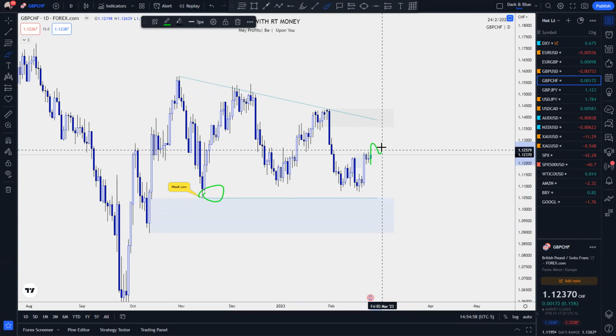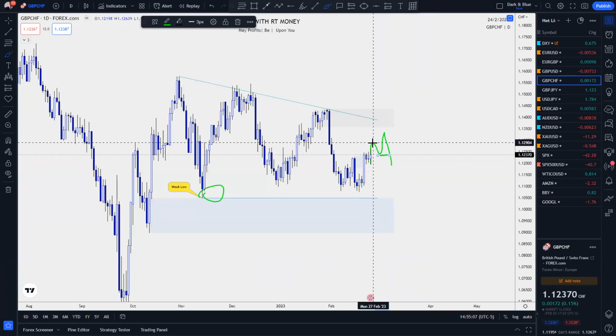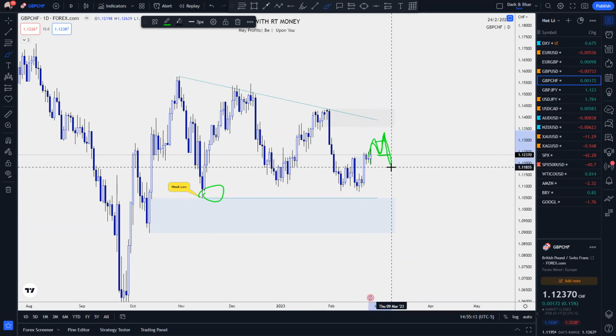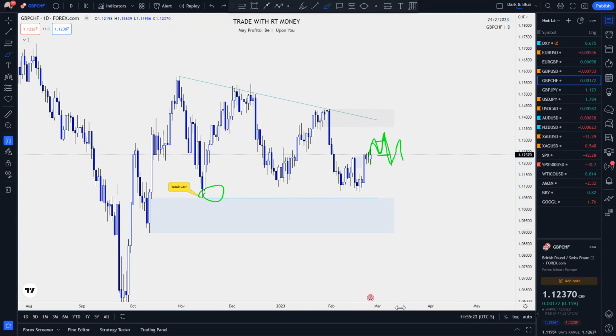Let it give you a confirmation of some kind. Let it make a higher high, then a lower low. Let it pull back, make a lower high. This is your opportunity here if you're going to take a short, but you have to get confirmations first.